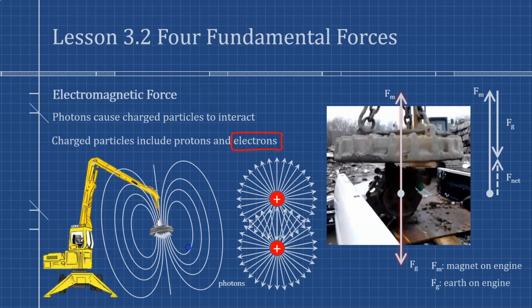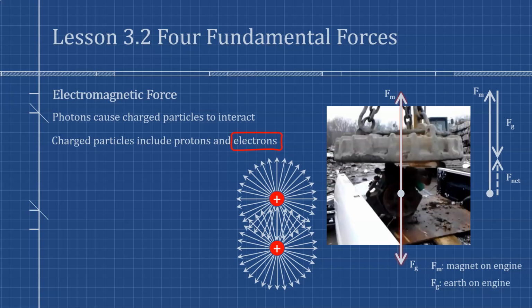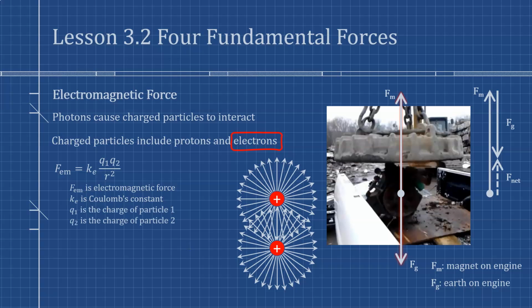All right, so let's consider this example because we actually have an equation that very easily deals with 2 point charges that are applying forces on one another, just like these 2 protons are. And the equation we have is the Coulomb's law equation. The electromagnetic force between these 2 charges is going to be equal to this constant, Ke, Coulomb's constant, times the size of both charges multiplied together.